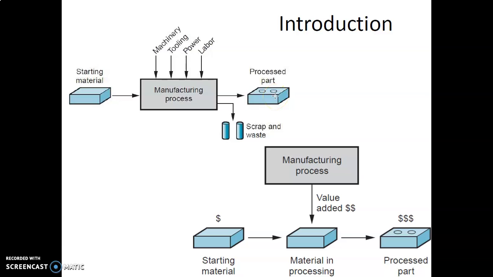Okay. So in that case I require that material should be removed from the specific area. You can see here I want to create two holes in the part, but in the center you need to remove the material, so that material can be taken as scrap, or we can say it is a waste of the material.